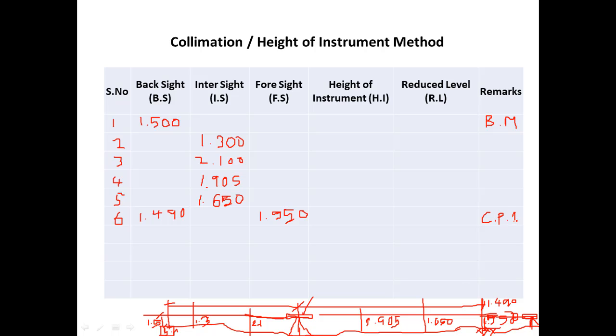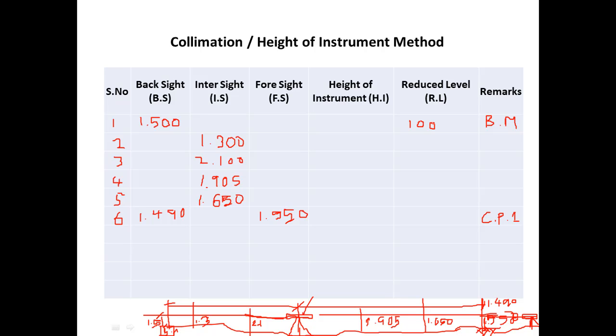So this is called booking of level by collimation or height of instrument method. Now here the other columns we can have are height of instrument, reduced level and benchmark. I already said the benchmark reading, I am going to take it as 100.